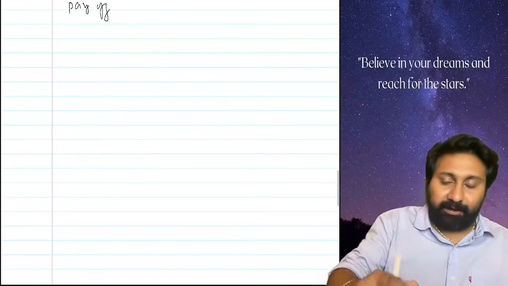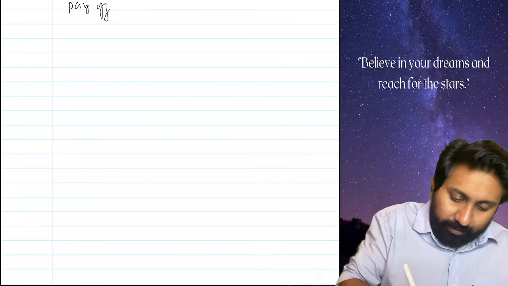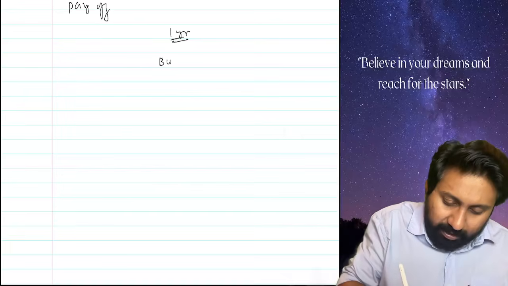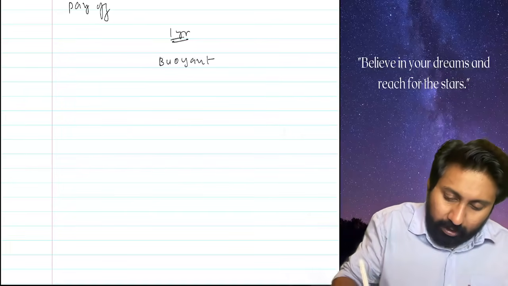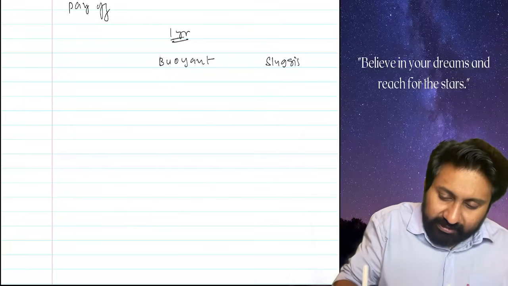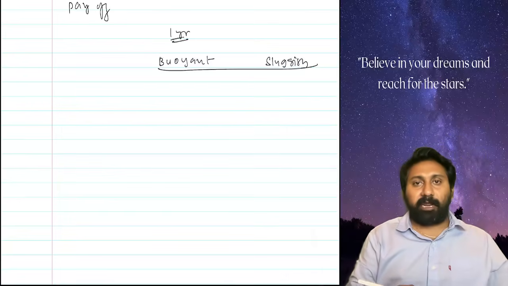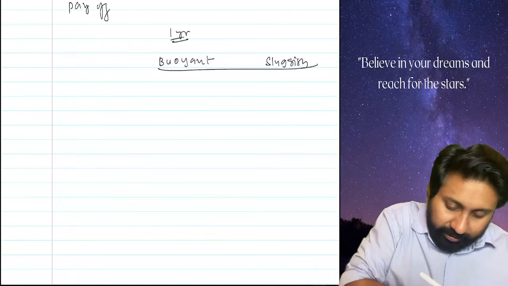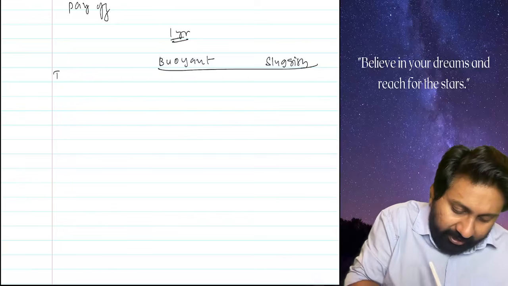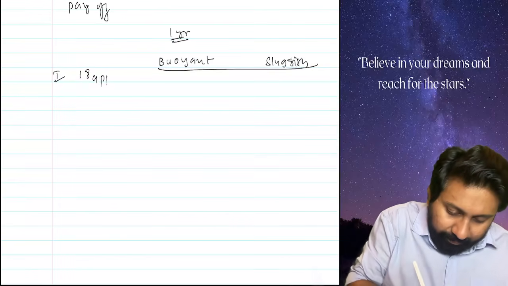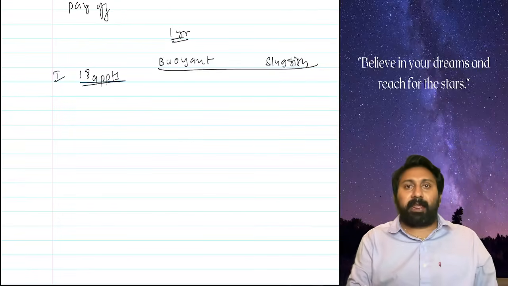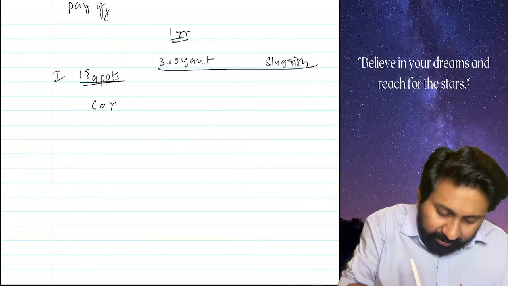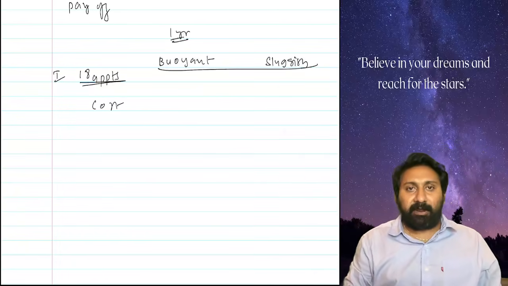Okay. See here. After 1 year, market can be buoyant. Market can be sluggish. If market is buoyant and I am planning to construct 18 apartments, tell me, what is the cost of constructing 18 apartments?